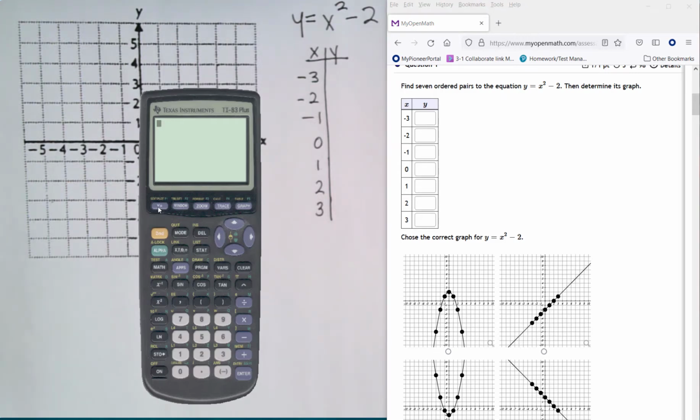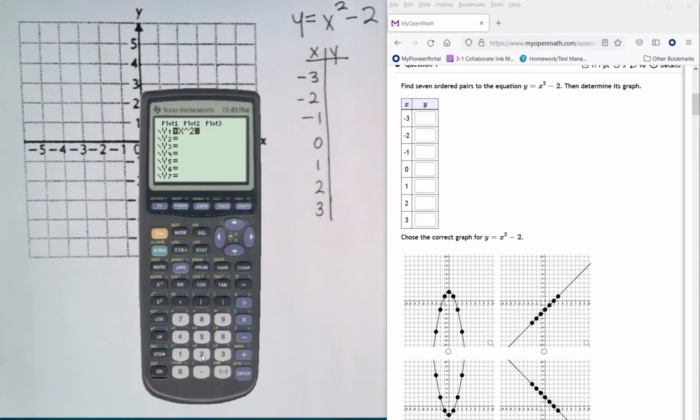You're going to go up to your y equals button. I need to clear out what's in there, and I will type this in. Now it already has the y equals, so I'll type x squared minus 2. Your variable button is here, so this will be x, your exponent button, to the second power.